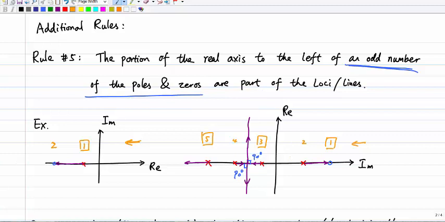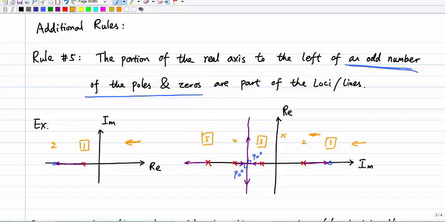For example, here, it's going to be here, because this is to the left of the odd number. But this one doesn't count because it is to the left of an even number. Similarly, between 3 and 4, also to the left, so this is also part of the locus. And then to the left, this is also part of the locus. So this is all part of the locus.